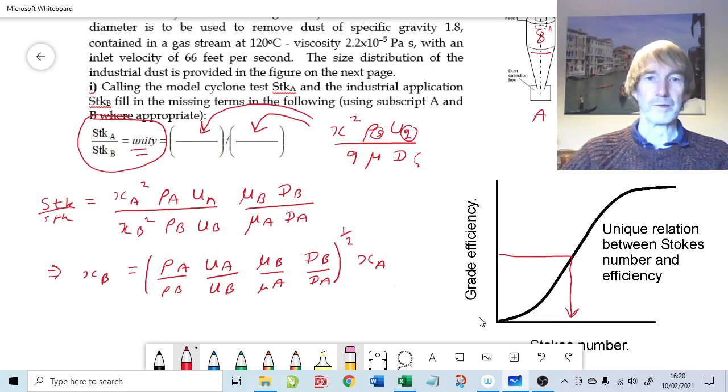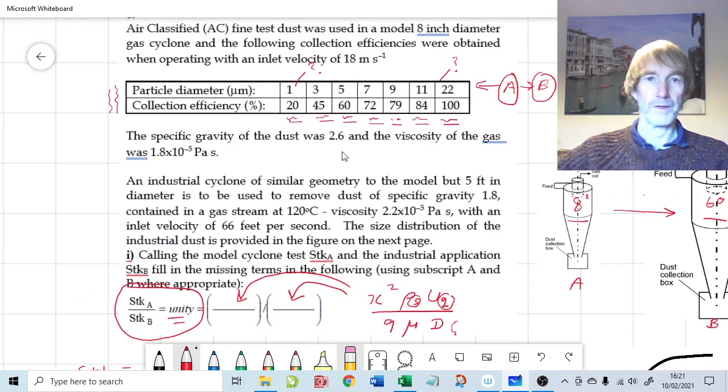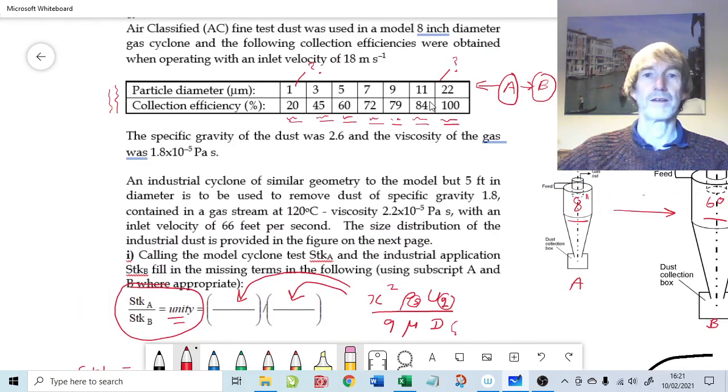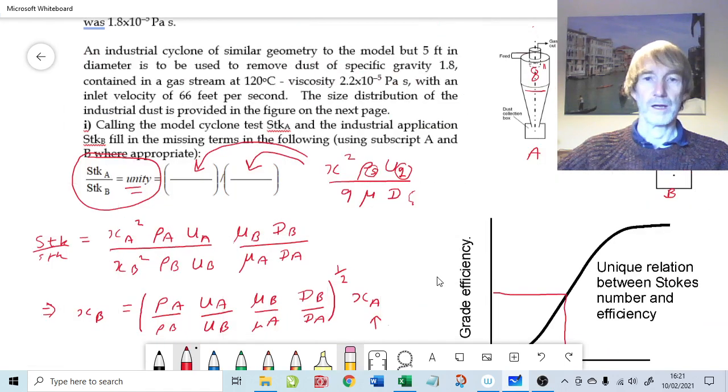So just a quick recap, in just here we have 1 micron and all the other sizes that are in the table just here: 1, 3, 5, 7, 9, 11 and 22.